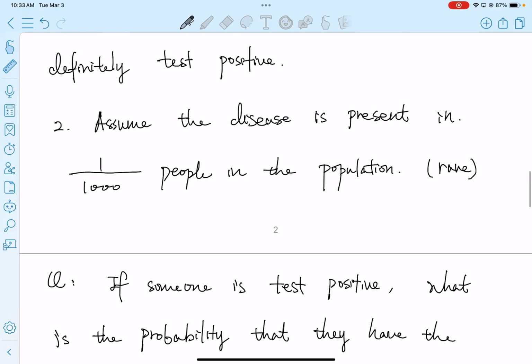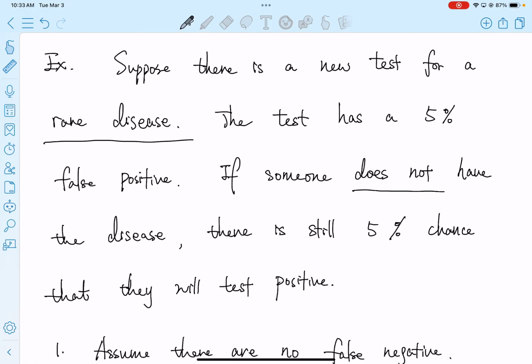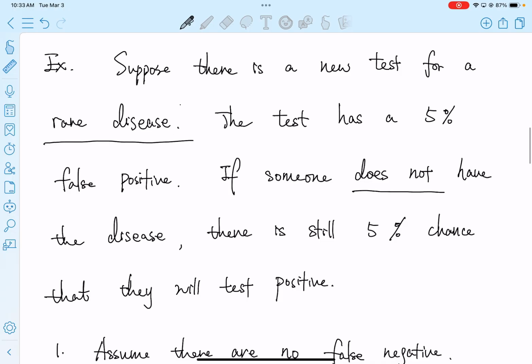Okay, so maybe now let's first provide some letters or notation just to ease our notation in the mathematical formula. So maybe let's call the disease the letter D. Okay, so let me give a capital letter D for the disease or having the disease. Okay, and maybe let me also give a symbol for positive, so testing positive.